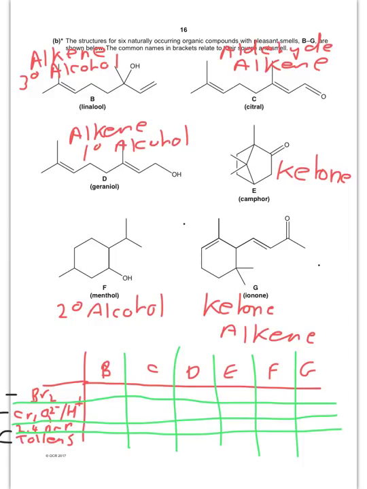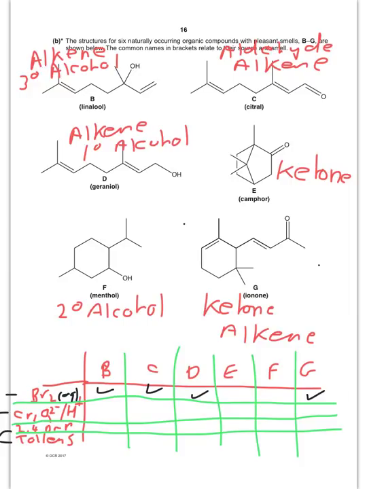So let's go for bromine water first of all, which as we know, when it meets an alkene, goes orange to colourless. So it will go orange to colourless with B, with C, with D, and also with G. How about acidified potassium dichromate? What about that one? Well, that will react with primary and secondary alcohols to oxidize them.